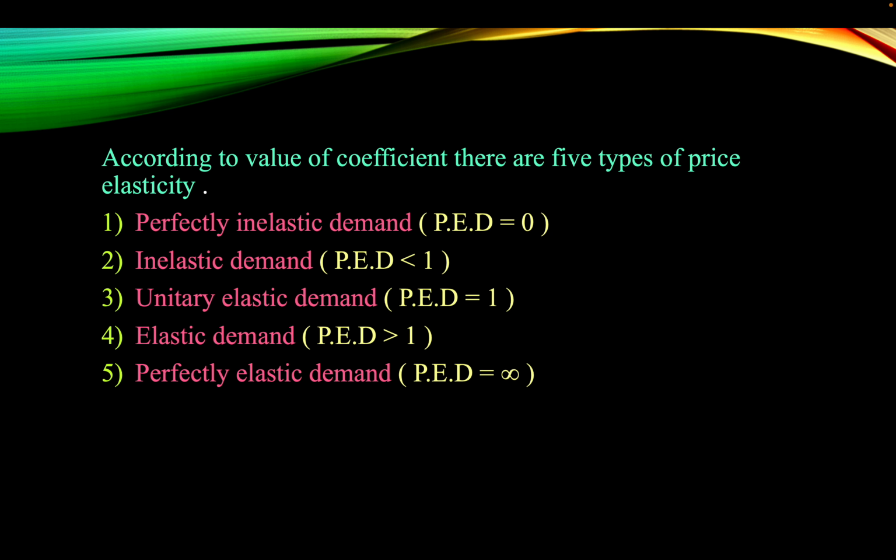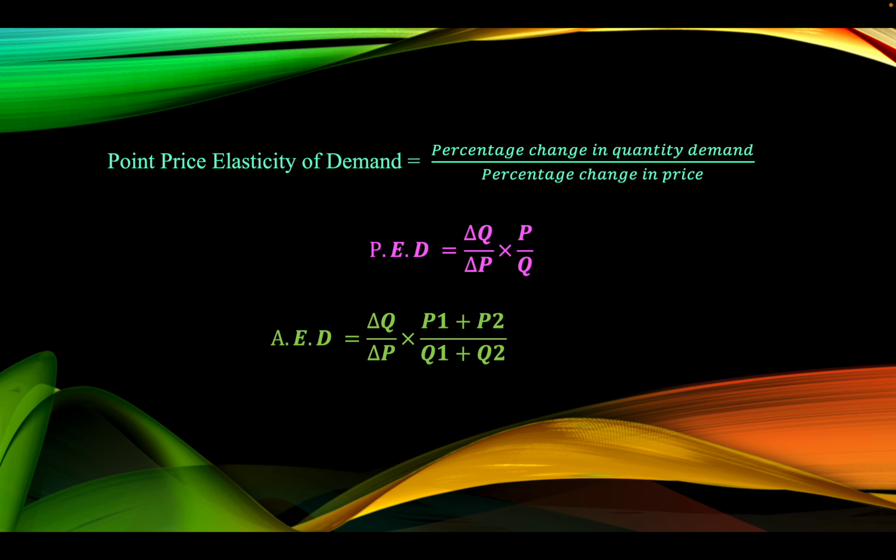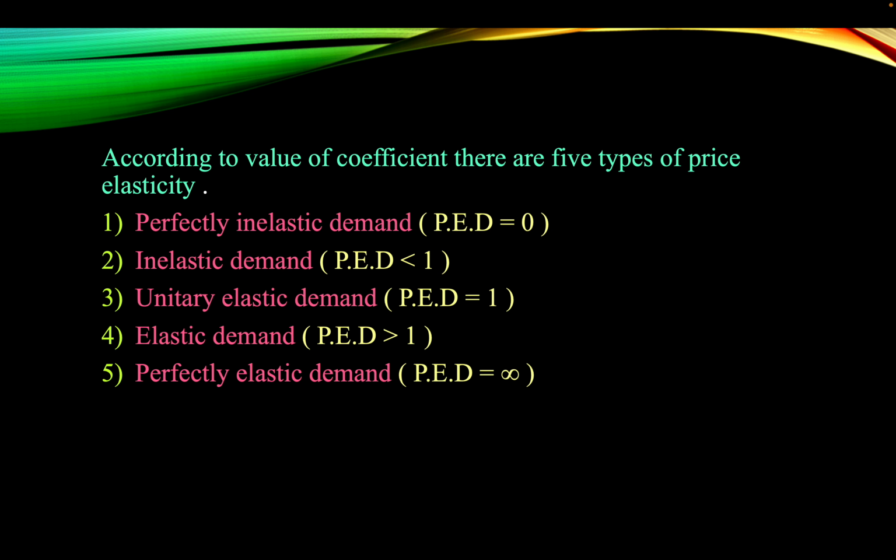So, according to the value of the coefficient, there are 5 types of price elasticity. The first is perfectly inelastic demand. When you calculate the price elasticity with these equations and receive the coefficient as 0, that is perfectly inelastic demand.